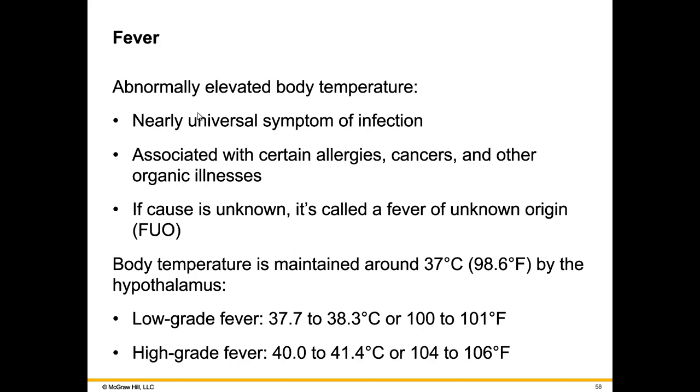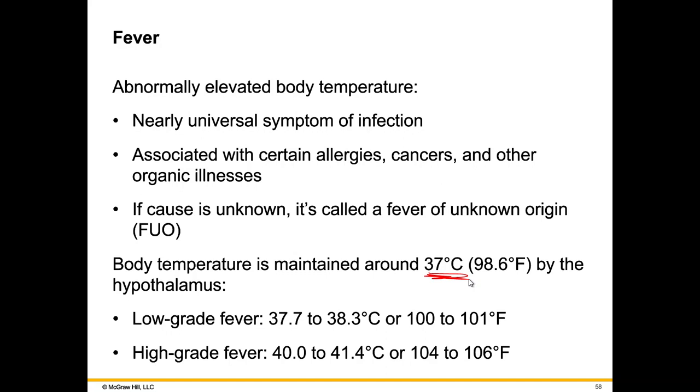Our body temperature is typically maintained around 98.6 degrees Fahrenheit. Get used to seeing Celsius, you guys, because it's going to be more and more common as you get into your sciencey fields. 37 degrees Celsius is body temperature in our Celsius scale, which is our universal scale for measuring temperature across the scientific field. And this is controlled by the hypothalamus, which is a component of the brain.